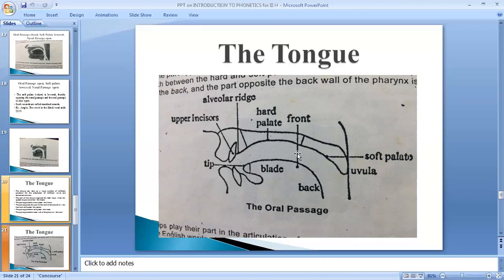The part opposite the roof of the mouth between the hard and soft palate is called the center. This is the center. The part opposite the soft palate is called the back. This is the back. The part opposite the back wall of the pharynx is called the root. This is the root.